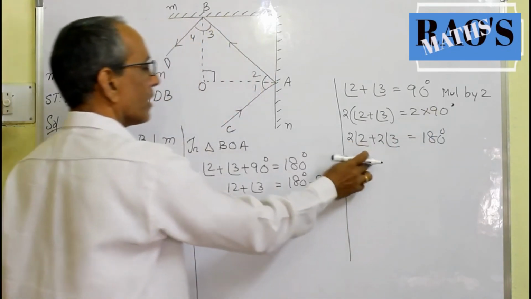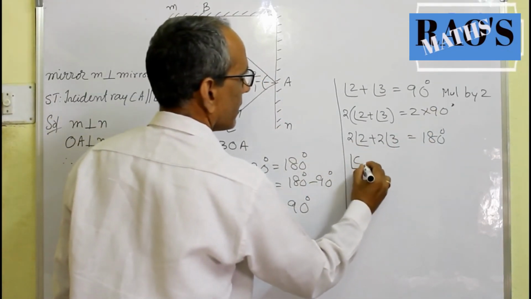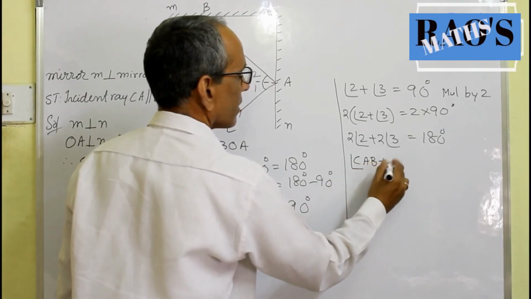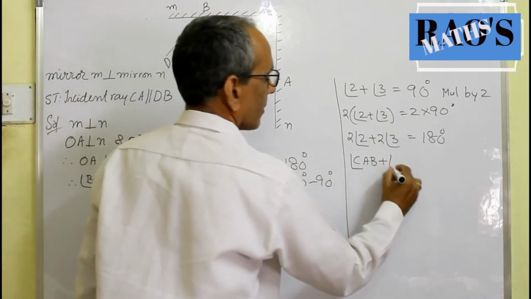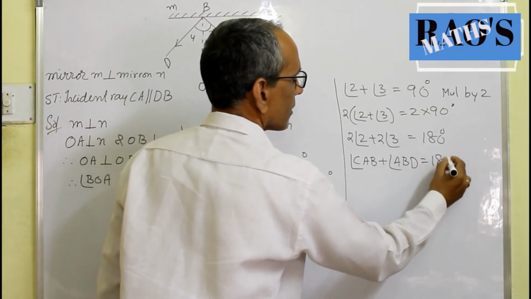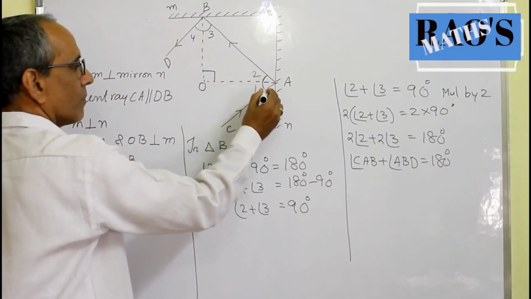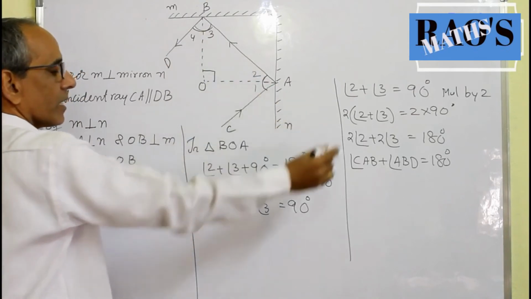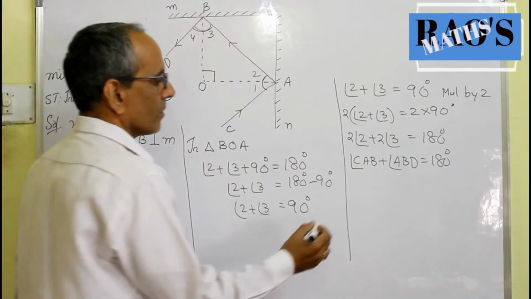What is 2 times angle 2? Angle CAB. Plus, what is 2 times angle 3? Angle ABD is equal to 180 degrees. See, we got the sum of this and this together 180. Already I said these two are co-interior angles.